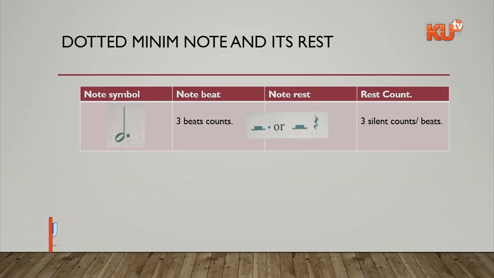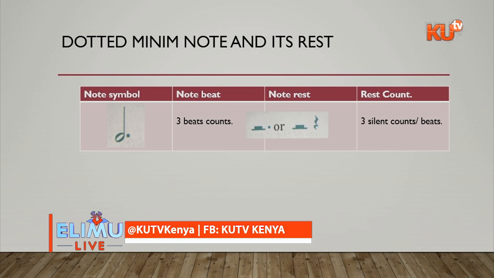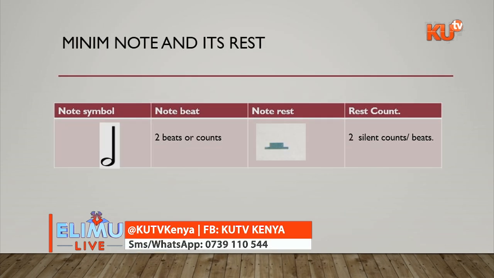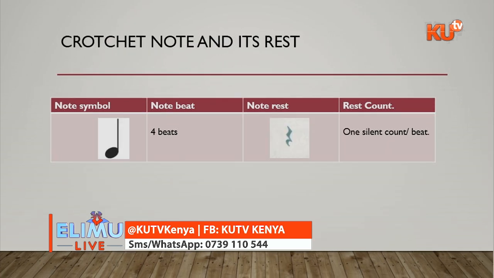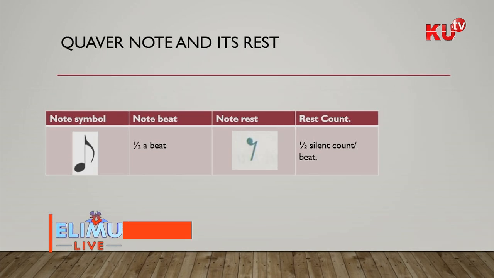Then we have our crotchet. We have its rest, drawn almost like Z or almost like 3, something like that. That is for our crotchet. Then number 4, we have the rest representing the quaver.